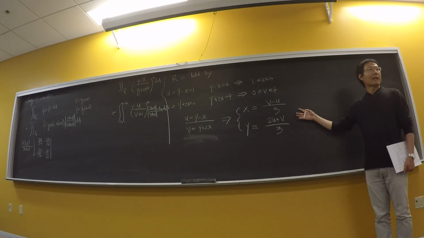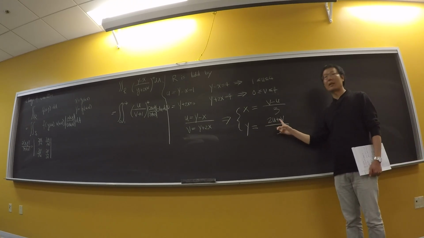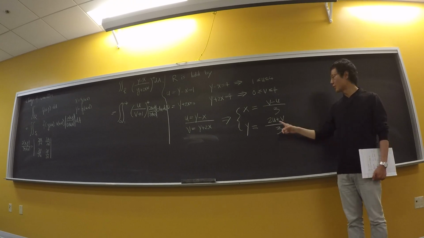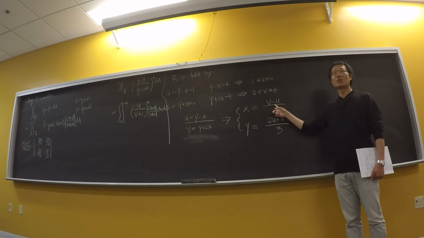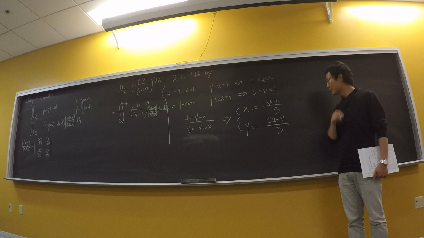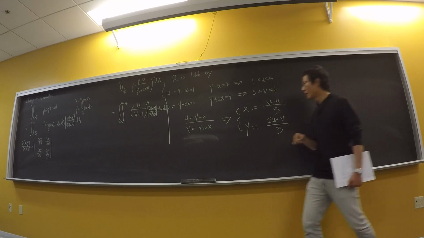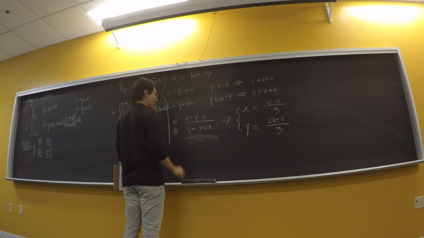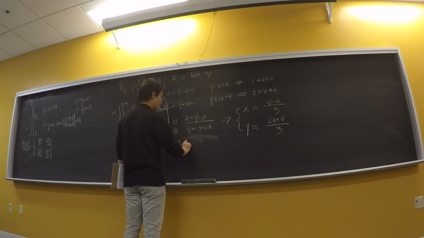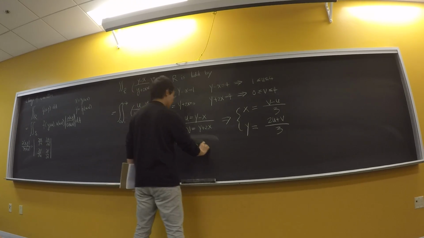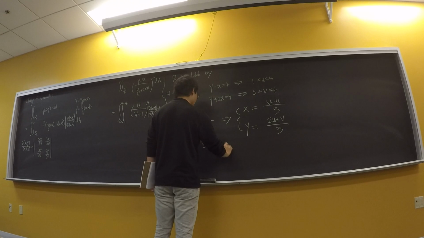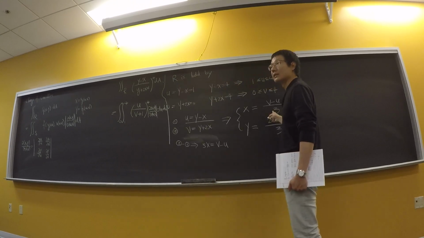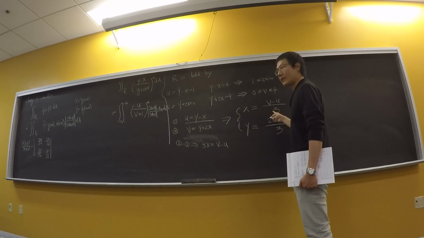So now I can get an equation of x with respect to uv. Only when you have this, you can compute the partial x, partial u, and the partial x, partial v. Yep. Why is it divided by 3? So let's say if I call this number 1, number 2. So 2 minus 1 is going to give me 3x is equal to v minus u, and that's where I get this equation. Oh, okay. Am I right?